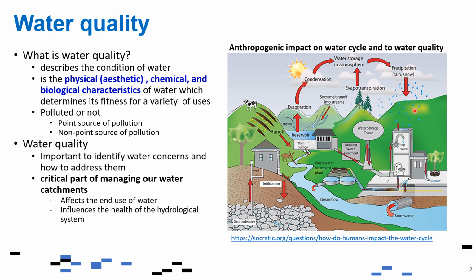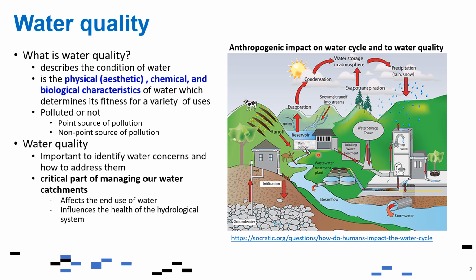But in many years now, because of human activities, due to the improvement in technologies, due to the advances in many processes, you can see that there are a lot of human activities now. And this human impact, the anthropogenic impact, has resulted in the changing of water quality.